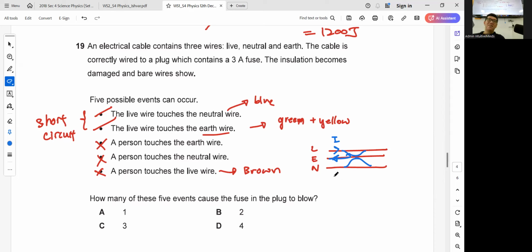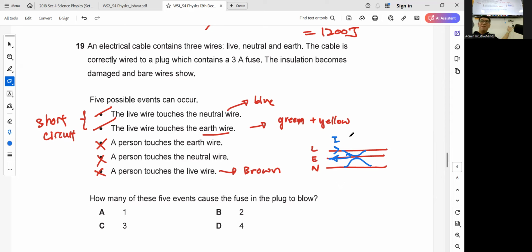So in the past, fuse wasn't invented. So if this is damaged, all the current will just run into itself. The current that comes out from the live will go back to the neutral. It will keep running, and the current will be very big. Over time, you're looking at electrons running at a very fast speed, giving off a lot of heat.